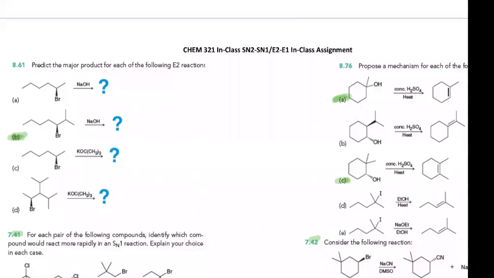So it says predict the major products of each of the following E2 reactions. So what do we know automatically without even thinking about it? What type of reaction are we looking at?